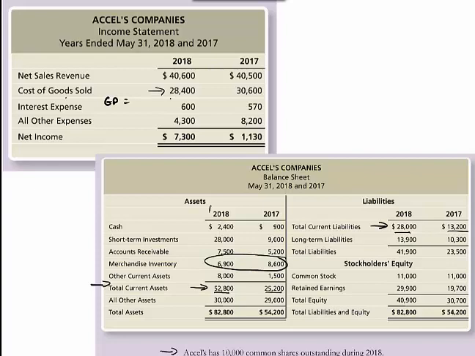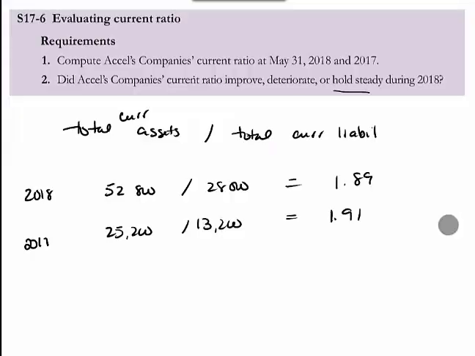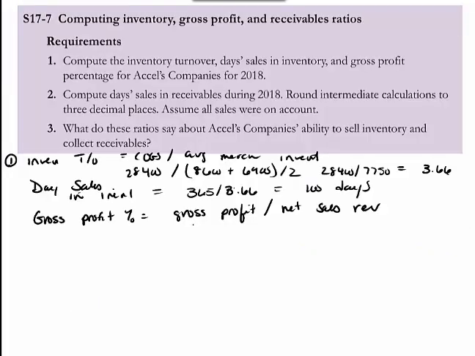So gross profit would be 12.2. 40,600 minus 28.4, and so I would get 12.2. So that would be $12,200 divided by the net sales revenue, which was 40,600. So that's 0.3, which is 30%.